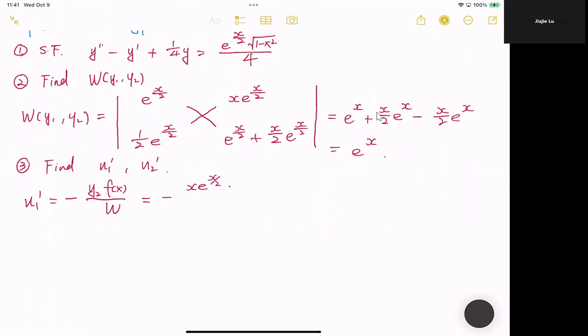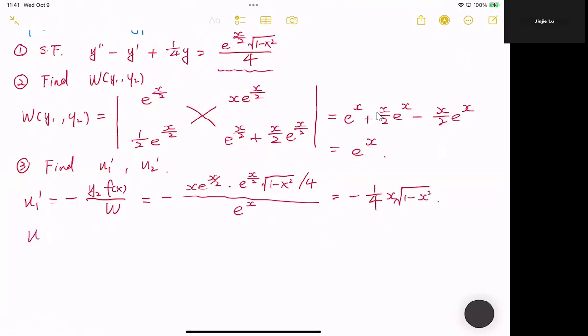And our f(x) here is the right-hand side of the standard form. It is e^(x/2) multiplied by the square root of 1 minus x squared divided by 4. And then the whole thing is divided by the Wronskian, which is e^x. So you can see the exponential part will be canceled. What is left here is negative a quarter x times the square root of 1 minus x squared.